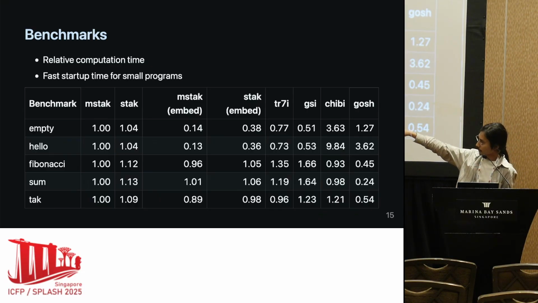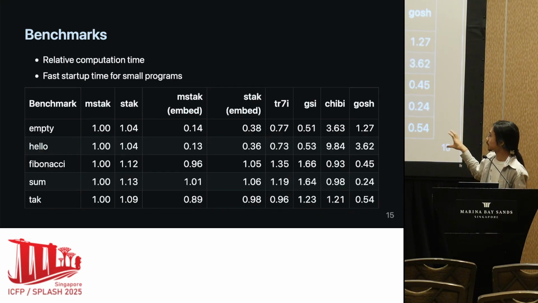When you look at the last 3 rows, they are computation-heavy benchmarks. Looking at the result, Stak Scheme is pretty much comparable with existing traditional implementations of R7RS-small Scheme interpreters, including TR7.